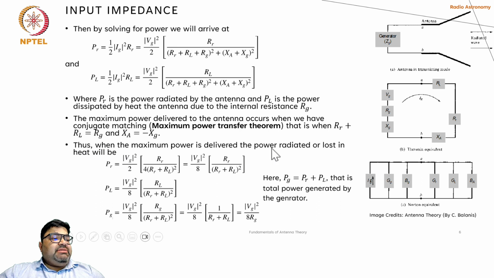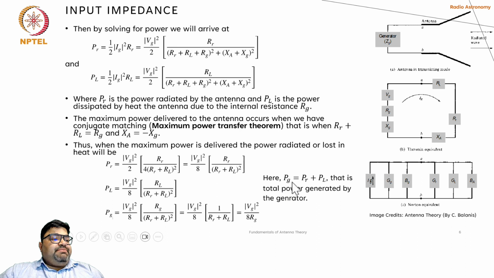Thus, when the maximum power transfer is delivered, the power radiated or lost in the heat will be given by this: PR is Vg square over 8 times RR over RR plus RL whole square. PL is given by Vg square over 8 times RL over RL plus RR whole square, and Pg is given by Vg square over 8 Rg.